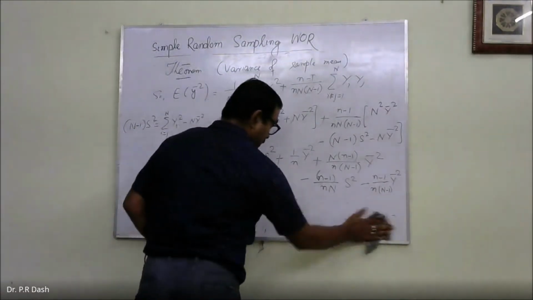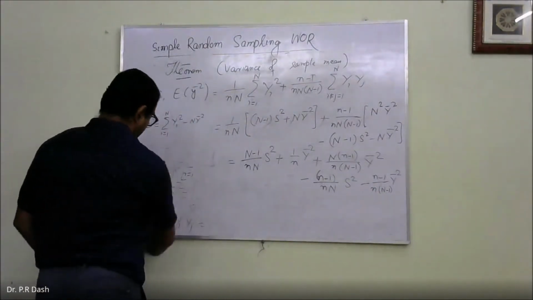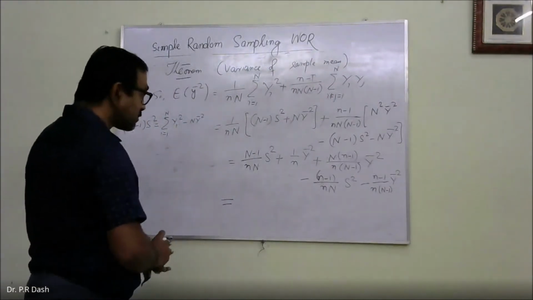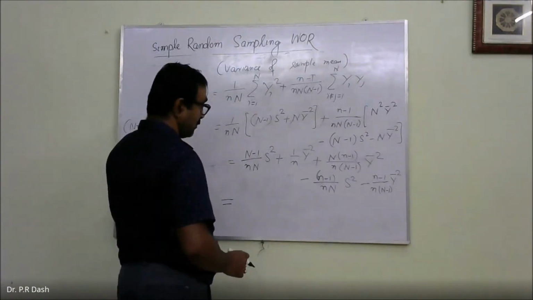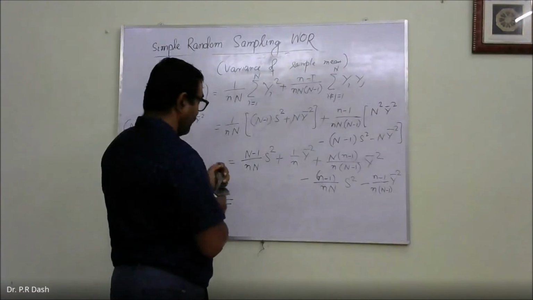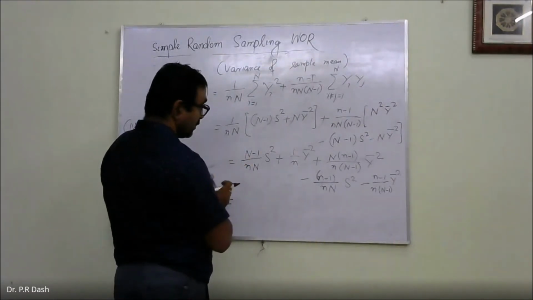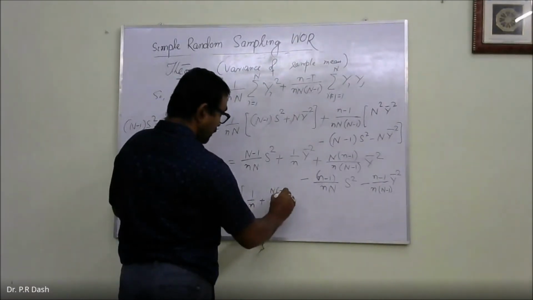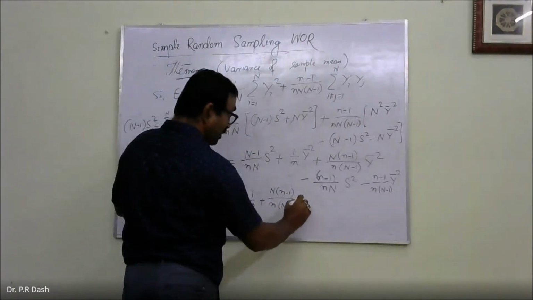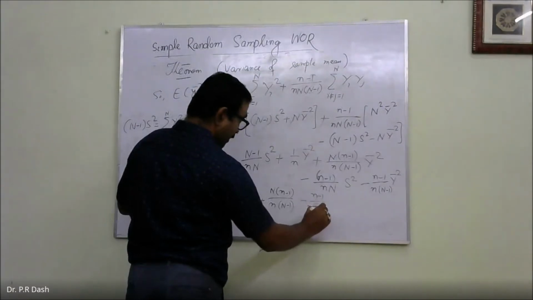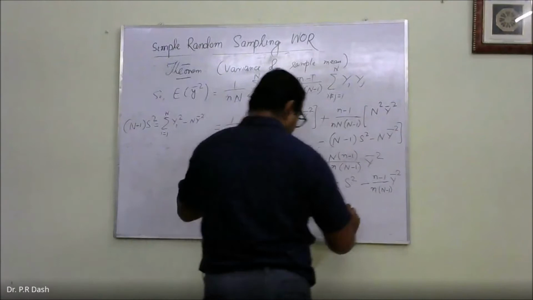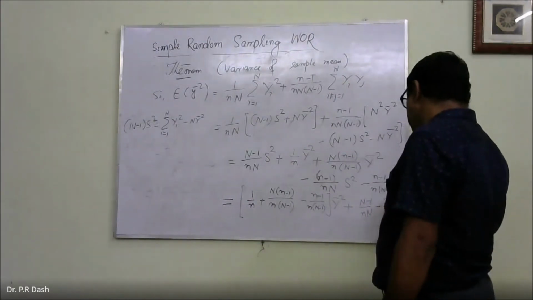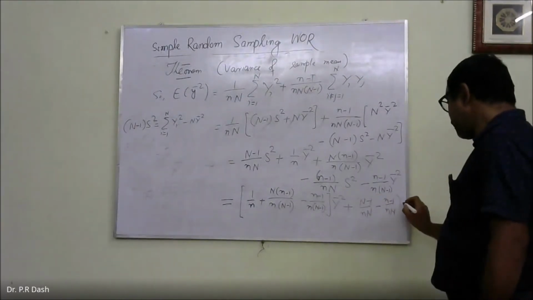So this will be equal to 1 by n plus n into n minus 1 by n into n minus 1 minus n minus 1 by n into n minus 1, y bar square, plus n minus 1 by n minus n minus 1 by n into s square.